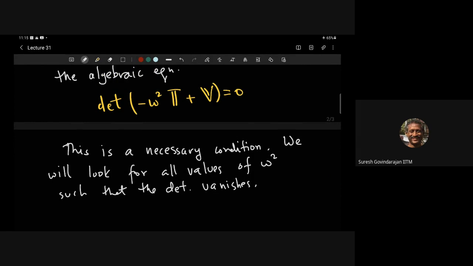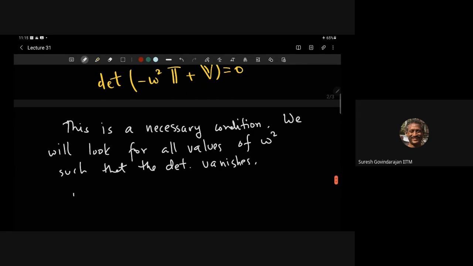T and V are n by n matrices. It's degree n in omega square, or omega to the power 2n, because only squares come.